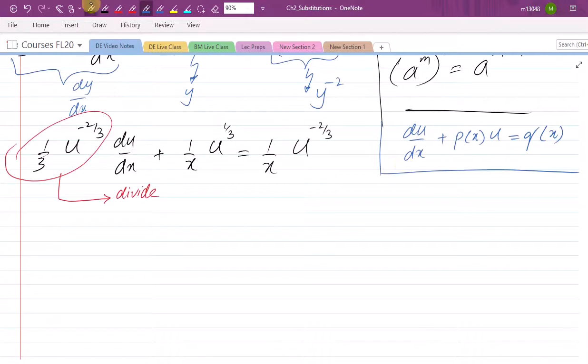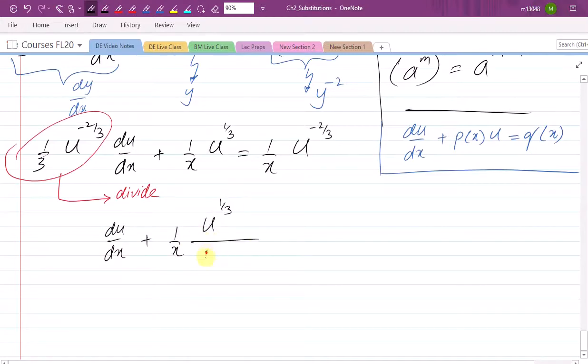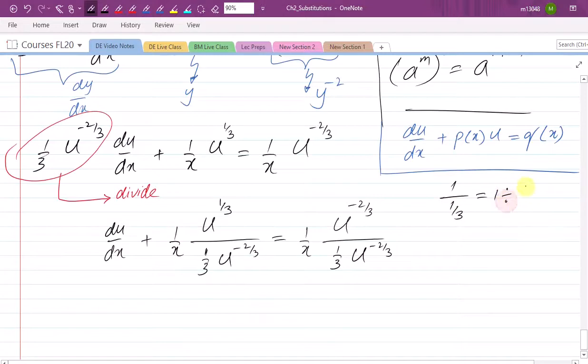So we divide: du by dx plus 1 over x u power 1 by 3 over 1 by 3 u power minus 2 by 3 equals 1 over x over 1 by 3 u power minus 2.